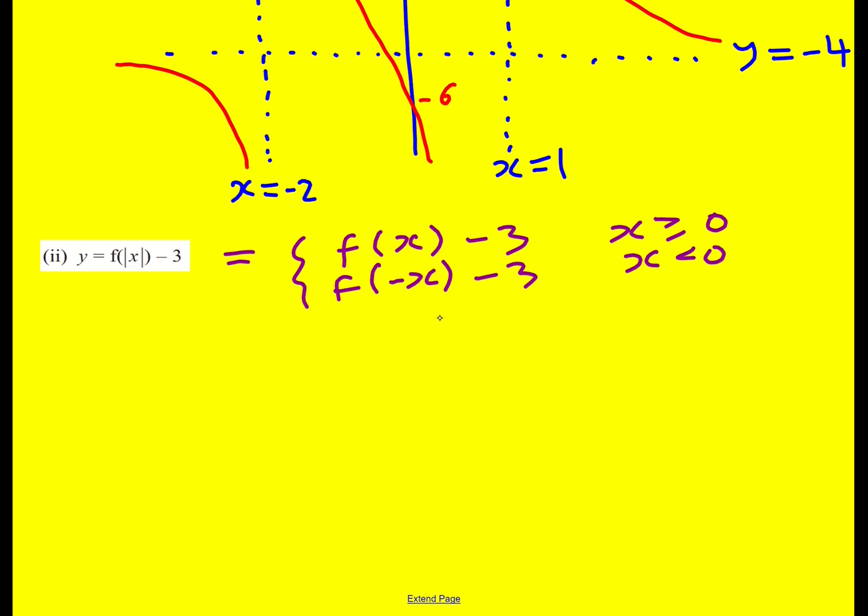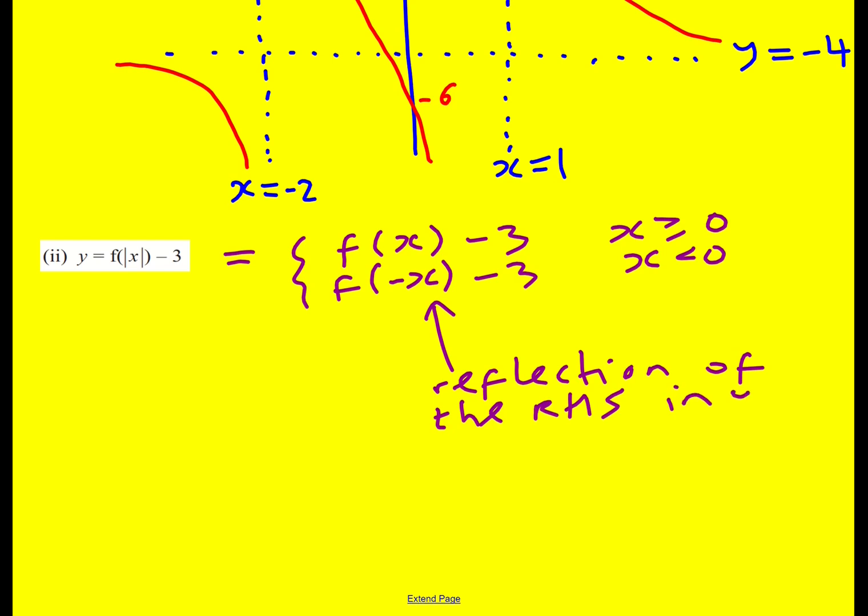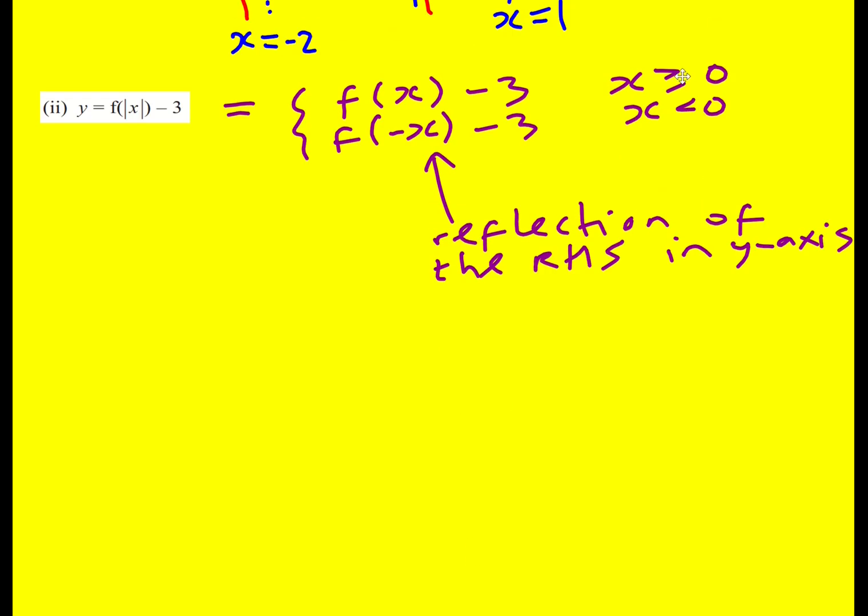What this actually means is that it's a reflection of the right-hand graph in the y-axis. So we only really need to focus on x greater or equal to 0.